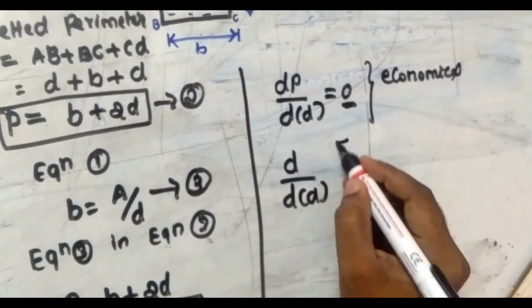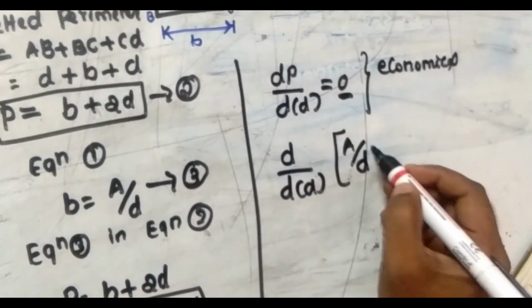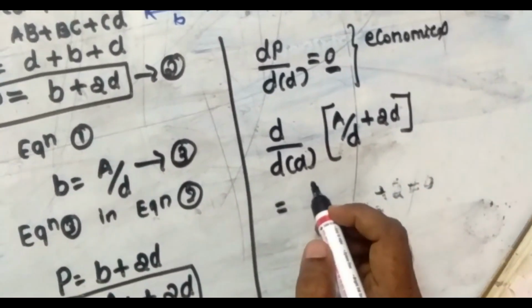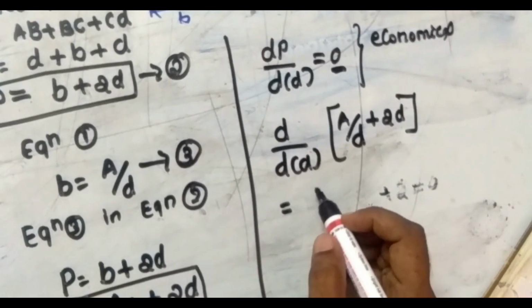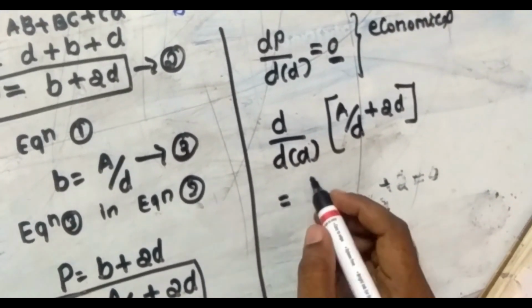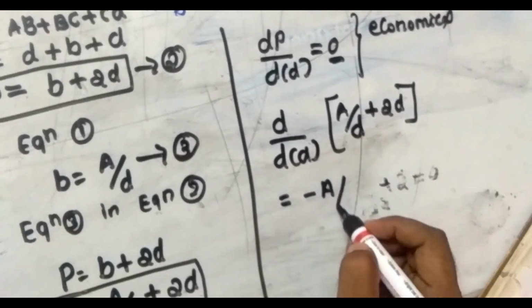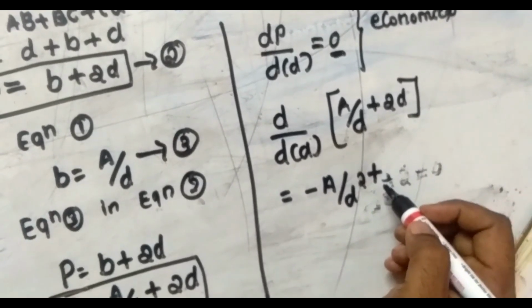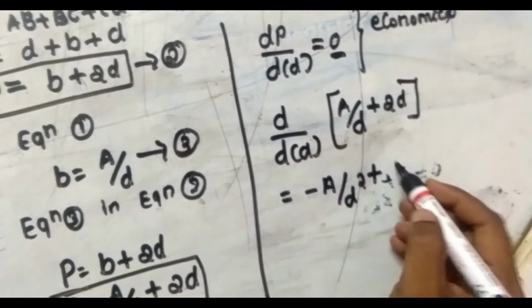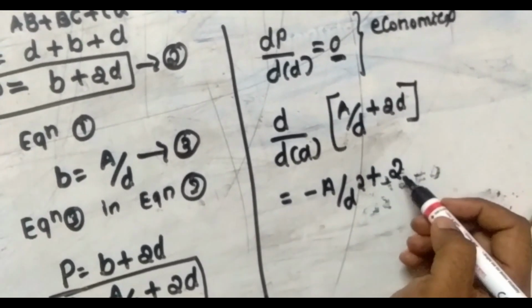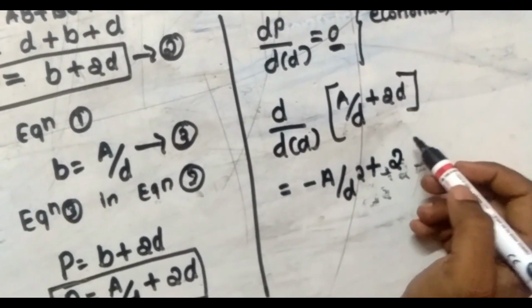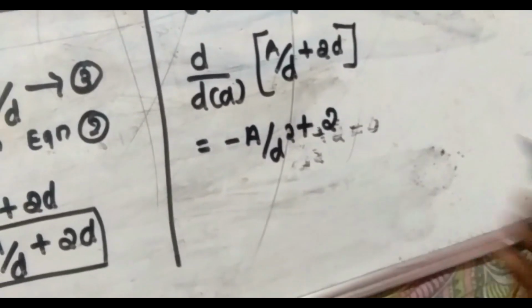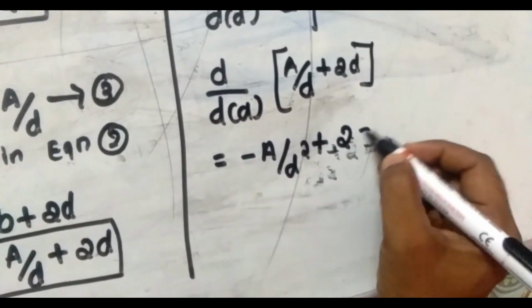So I write dP by dD of A by D plus 2D. Differentiating A by D with respect to D gives minus A by D square, plus the derivative of 2D, which is 2, equal to 0.